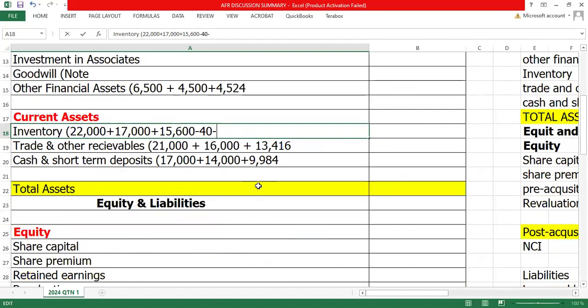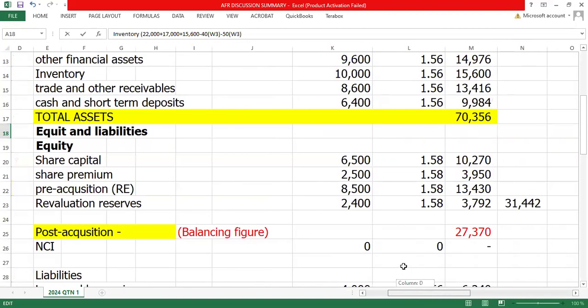It's good to show that you are picking this from working number 3. Show that you are picking this from working number 3, okay? You are done with this.